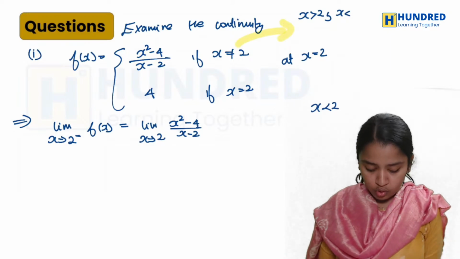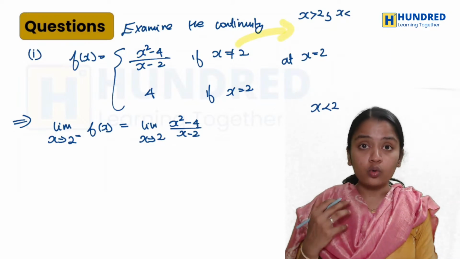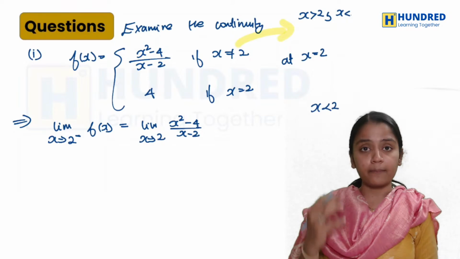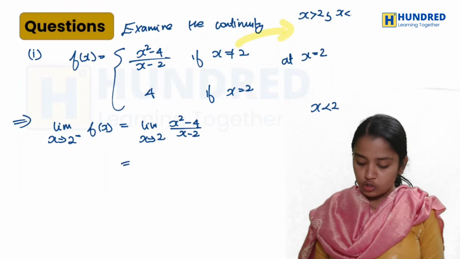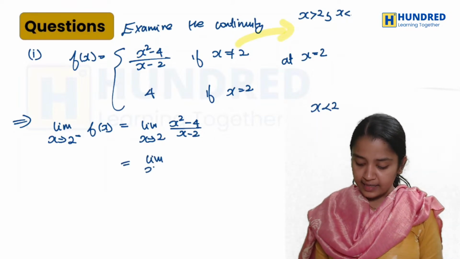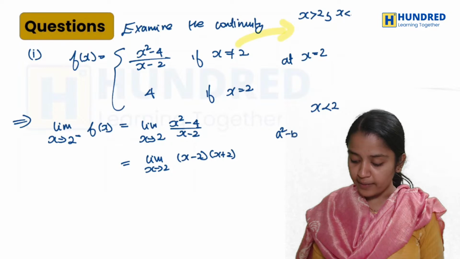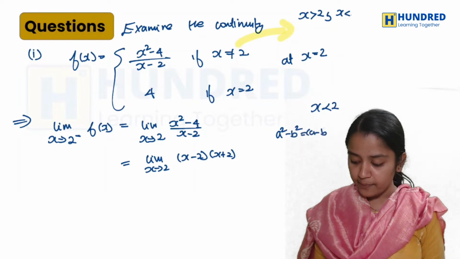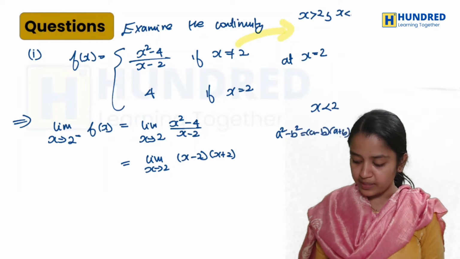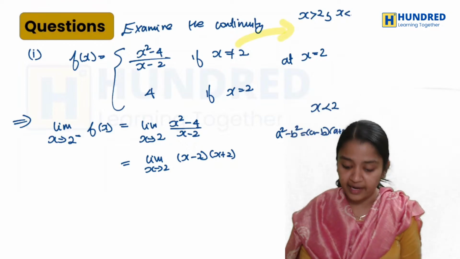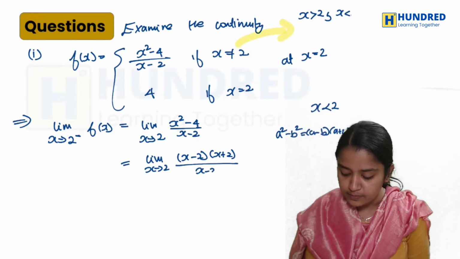Here I have the a square minus b square formula, so x square minus 4 is x minus 2 into x plus 2, divided by x minus 2.